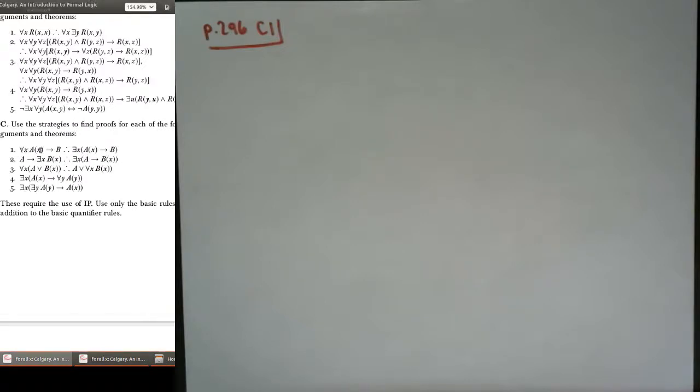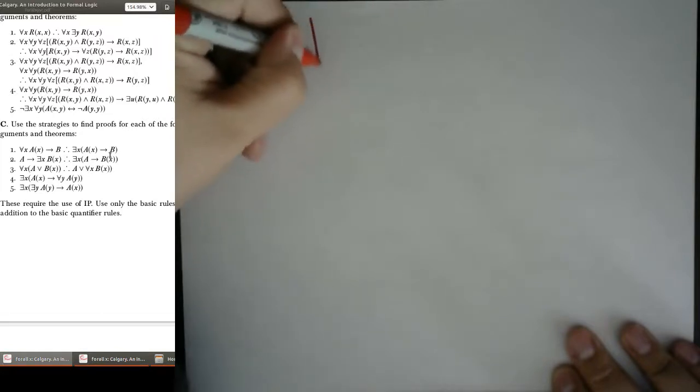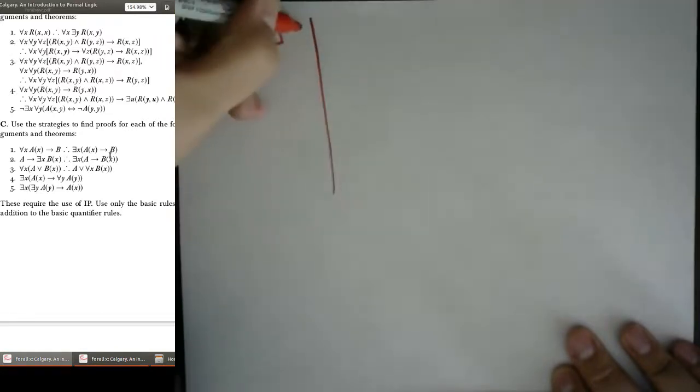So we'll assume the negation of this, and then we'll see where we end up. We'll have to use the negation of a quantified statement to complete this. Here's line 1.